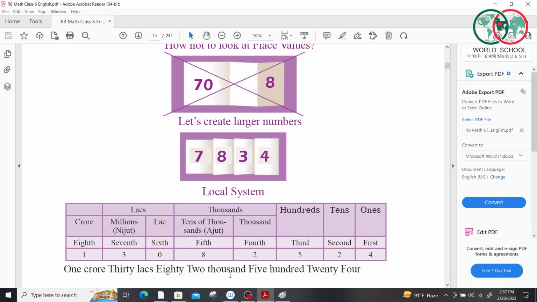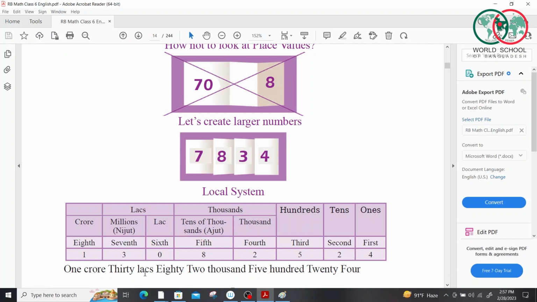Then 82,000. That means first 2 then 8. So 2 will be in the 4th position and 8 will be in the 5th position. Then lakhs. Here we can see it is written 1 crore 30 lakh.